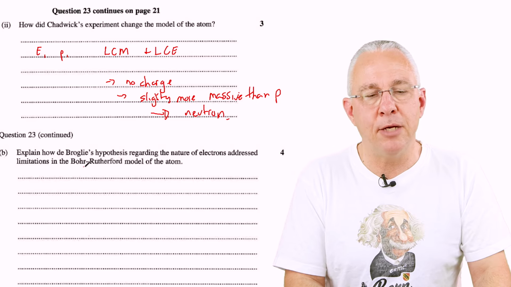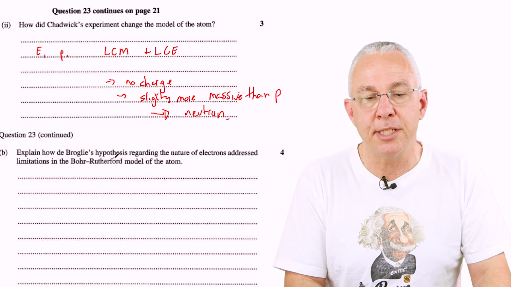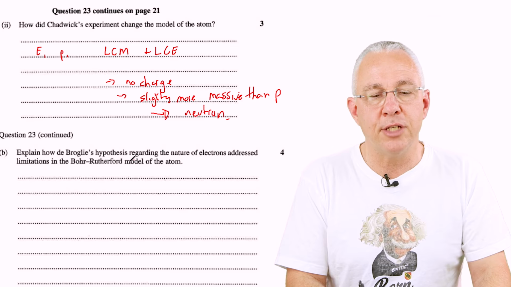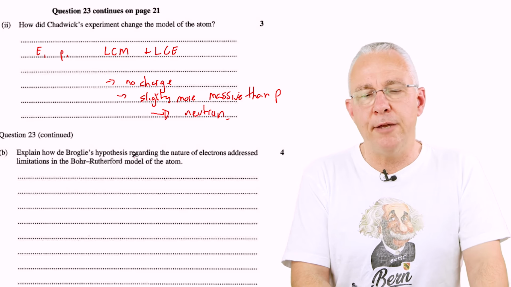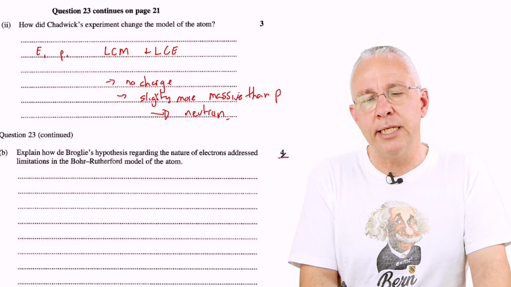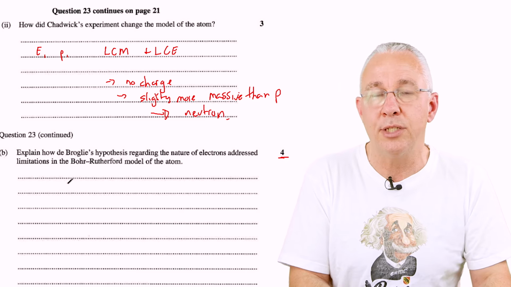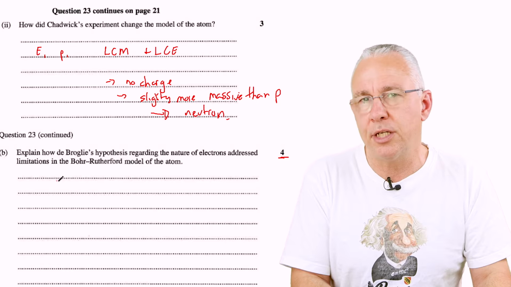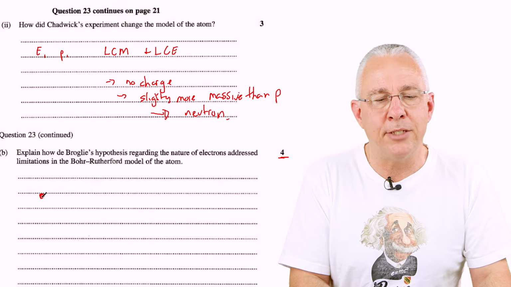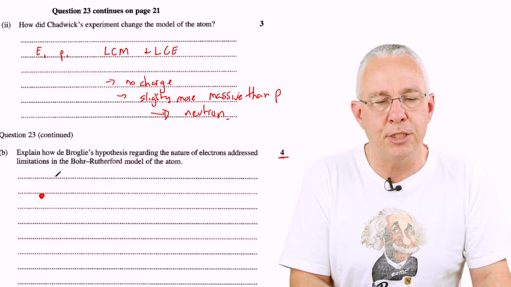Our part B question says, explain how de Broglie's hypothesis regarding the nature of electrons addressed the limitations of the Bohr-Rutherford model of the atom. Now, when you read this for 4 marks, you need to appreciate the fact that we need to start off, well, what is the Bohr-Rutherford model? Now, you would normally write this, but I'm just going to simply do a diagram. We have a planetary model of a nucleus, which is positively charged.